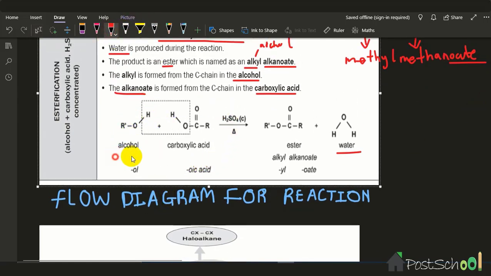Just to show an alcohol combined with a carboxylic acid with a strong acid, there is elimination of water. You must understand that water is also eliminated.